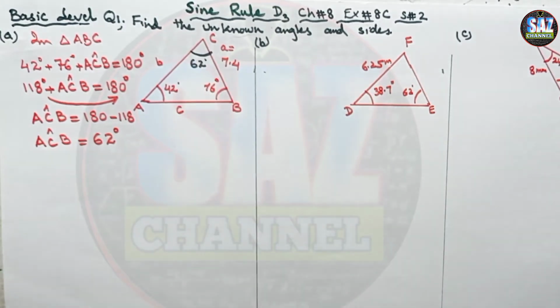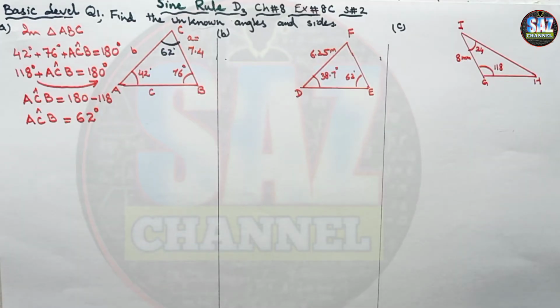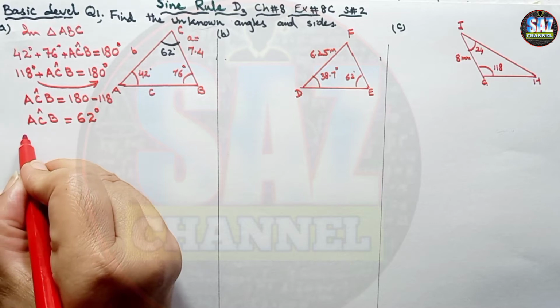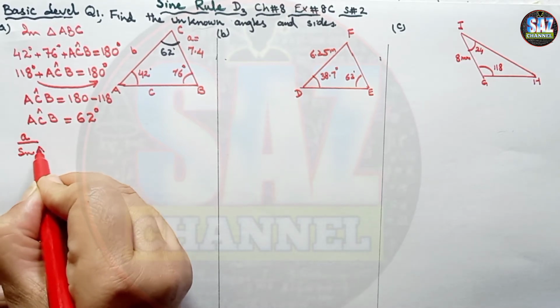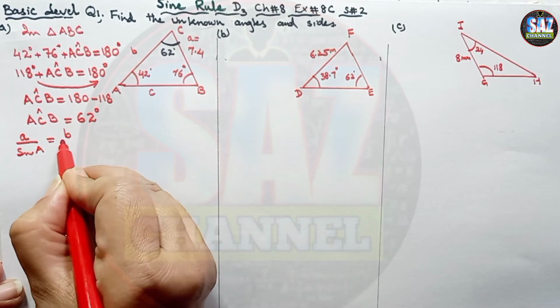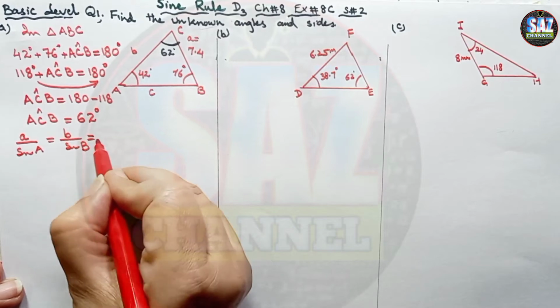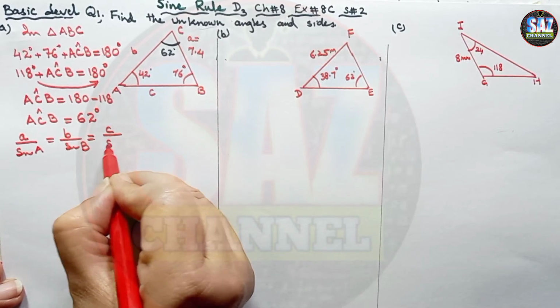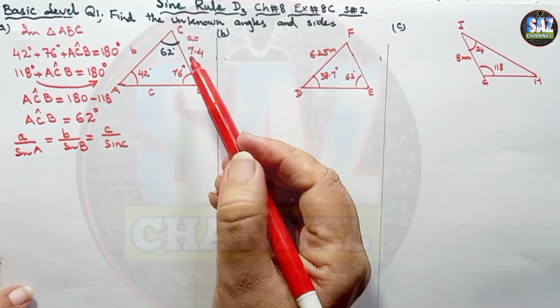Now the second requirement is to find the unknown lengths, and according to the sine rule, first of all, I have to write the basic equation: length a upon sine A equals b upon sine B equals c upon sine C. Now we have to carefully insert the values.